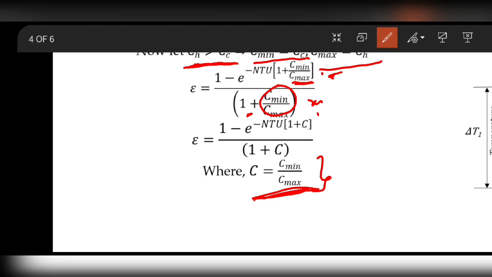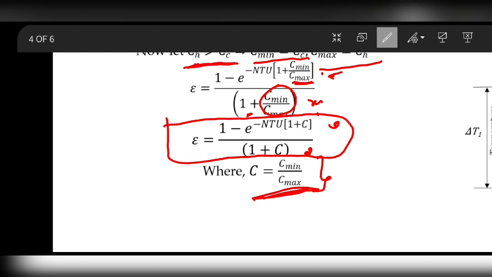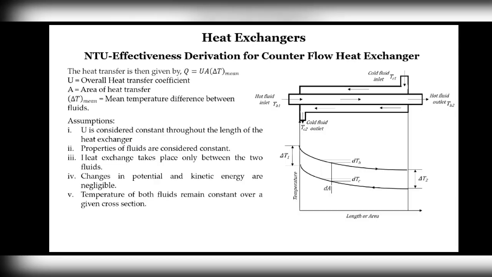I'm doing this because it will be easy for us to write the equation. So epsilon will be equal to 1 minus e to the power of minus NTU into 1 plus C divided by 1 plus C. So this is the effectiveness NTU equation for a parallel flow tube-in-tube heat exchanger.